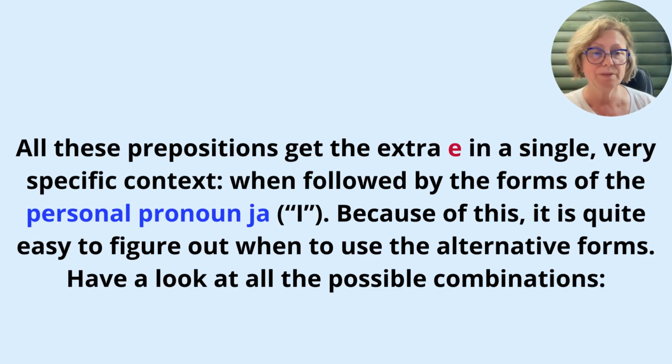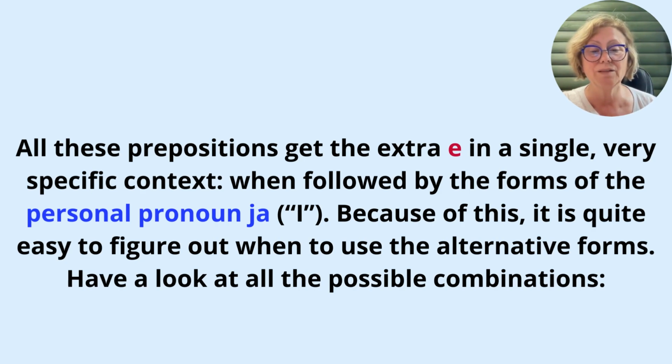All these prepositions get the extra e in a single, very specific context, when followed by the forms of the personal pronoun ja, I. Because of this, it is quite easy to figure out when to use the alternative forms.